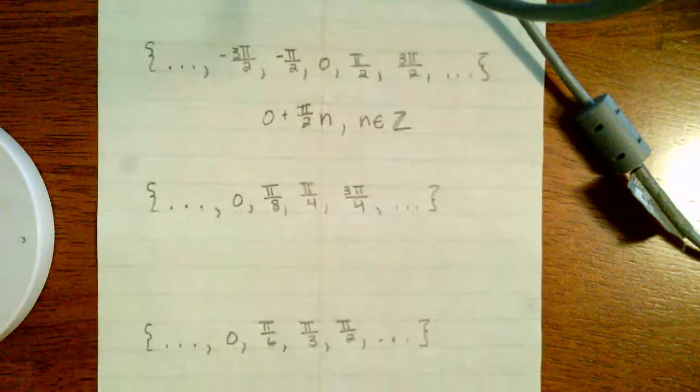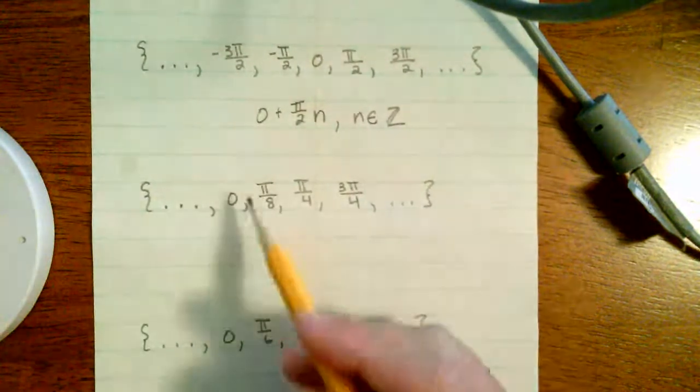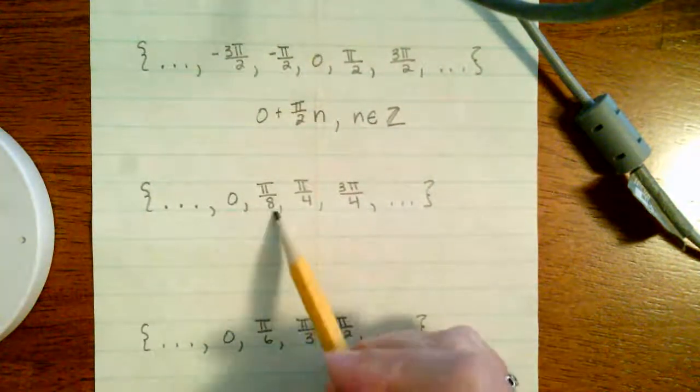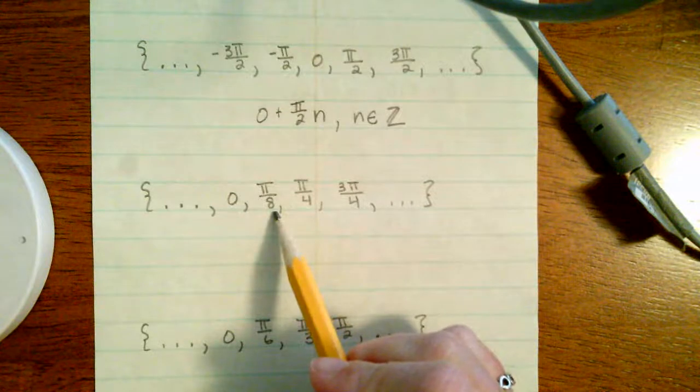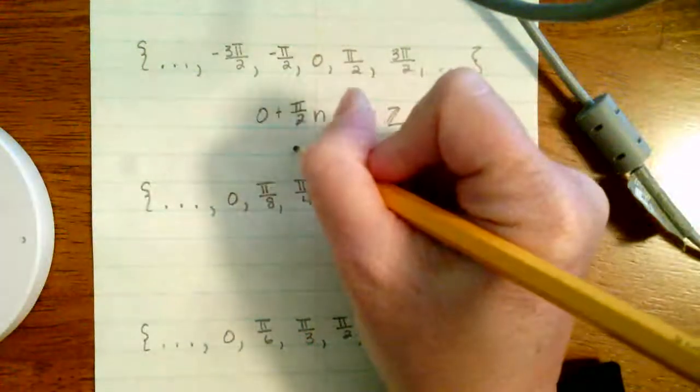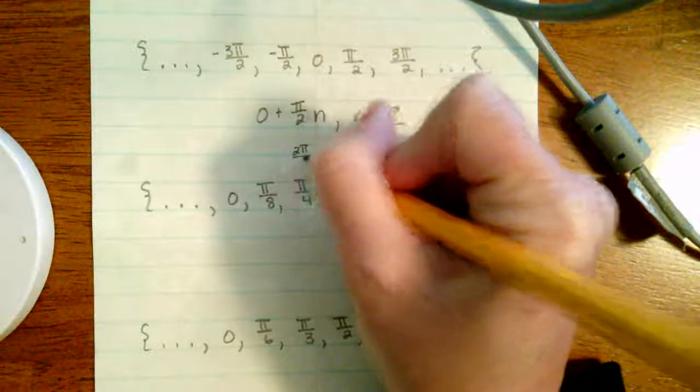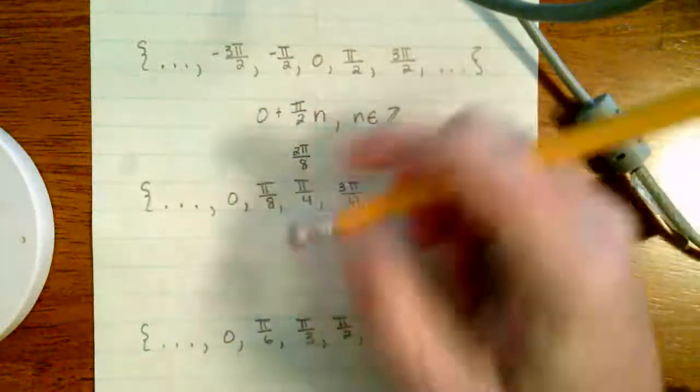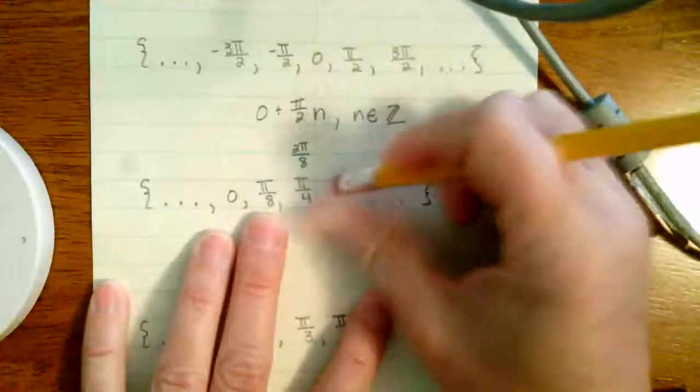Our next one. 0 to pi over 8 is pi over 8. Sometimes it might help you to put all of these with the same denominator. This one's wrong, sorry.